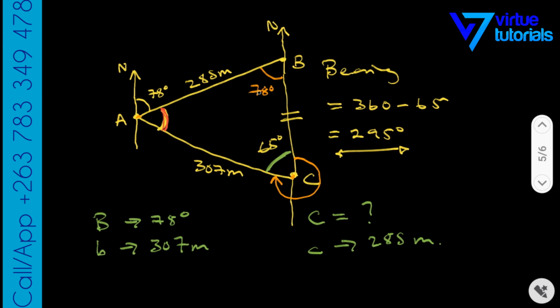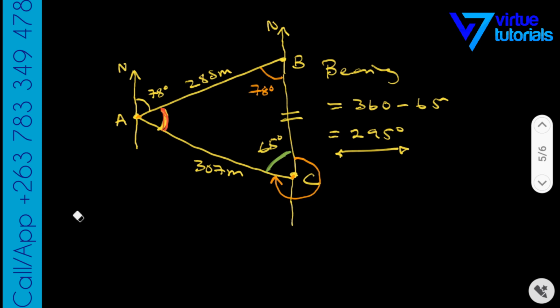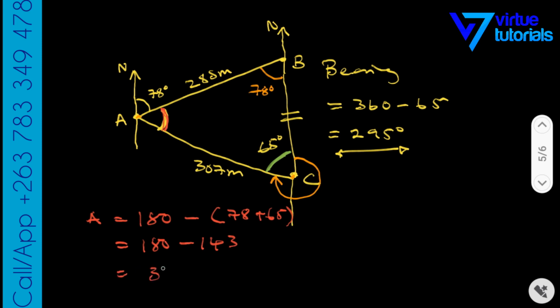So 180 minus these two should give me the angle there. I'm going to calculate that the angle at A is going to be 180 minus 78 plus 65, which is 180 minus 143, which is going to be an angle of 37 degrees.